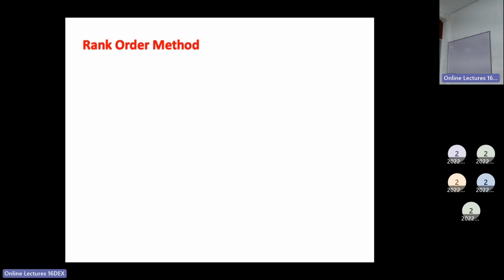For example, suppose that there are 5 employees: A, B, C, D, E. So you have to rank these employees on different criteria. One is, let's say, quality of work.